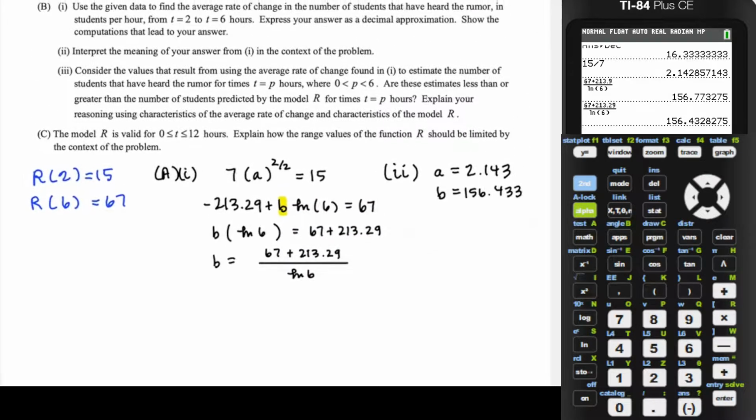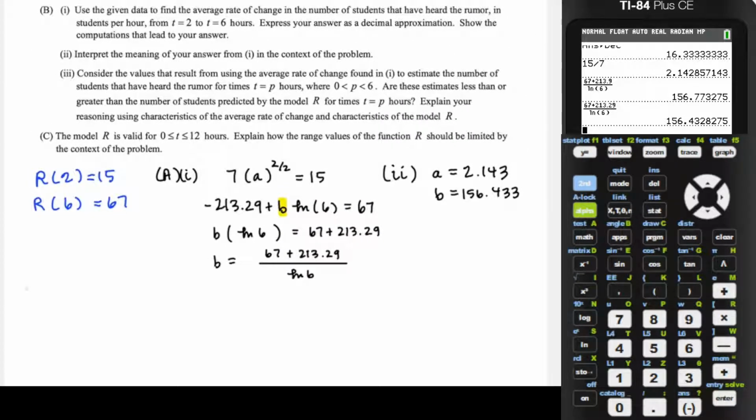So part B is going to be about an average rate of change. We already know that going in. Part B1, we're going to compute an average rate of change. So from t equals 2 to t equals 6. So that'll be 67 minus 15 over 6 minus 2 is going to equal, I'm going to use the calculator for that.